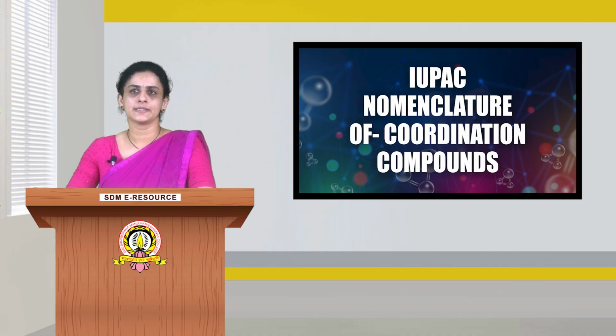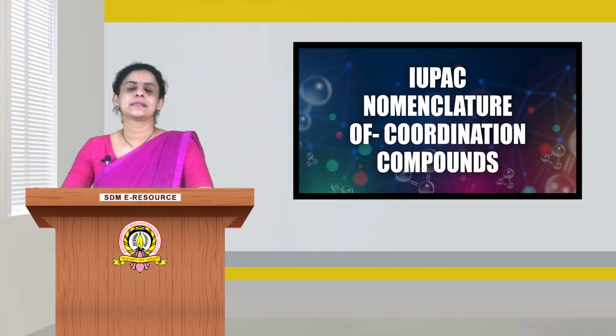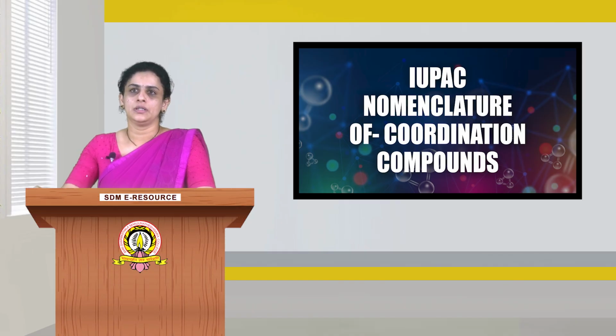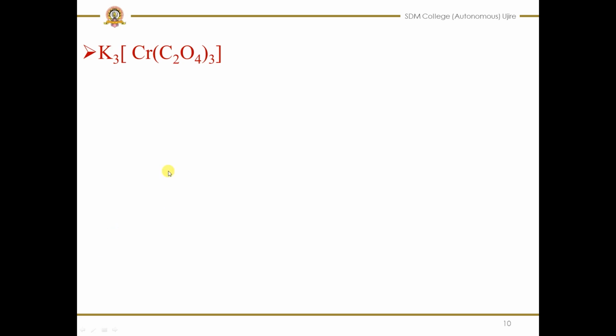These are the rules. Now let us discuss some examples here. The first one is K3[Cr(C2O4)3]. While writing the name, first we have to identify the cationic part as well as the anionic part.